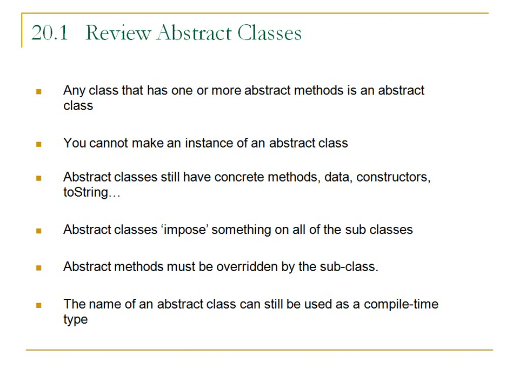For example, a method can have a parameter whose data type is the name of an abstract class, and you can pass in something that is one of those things.